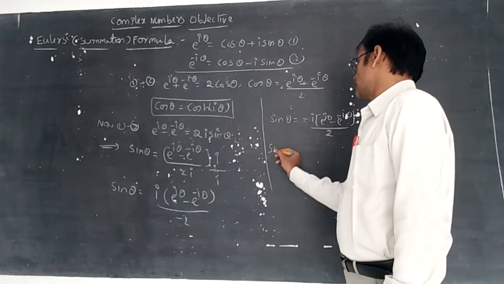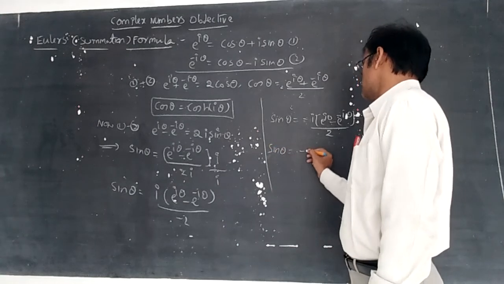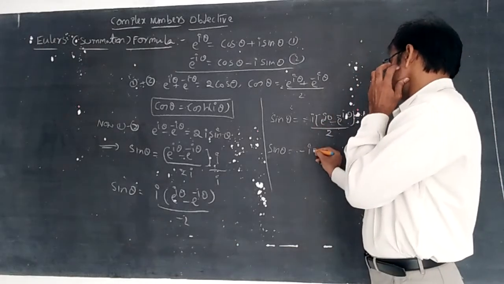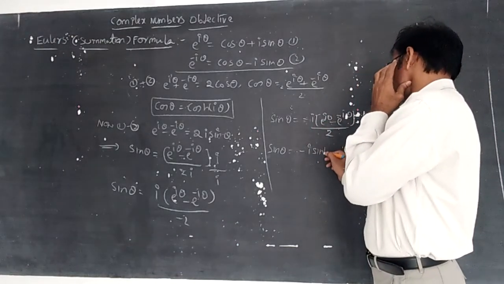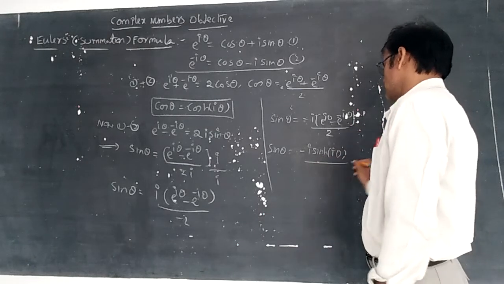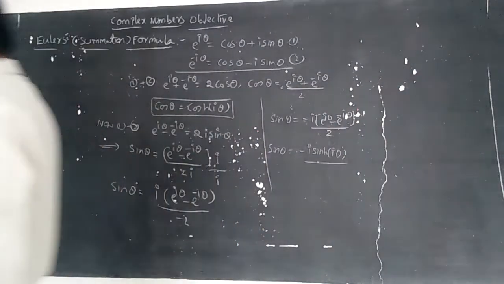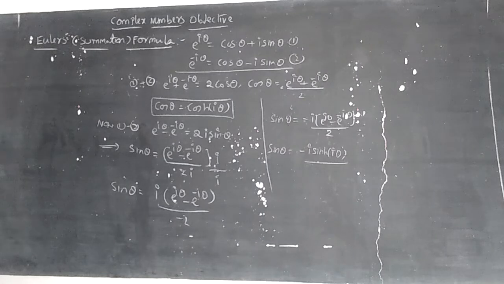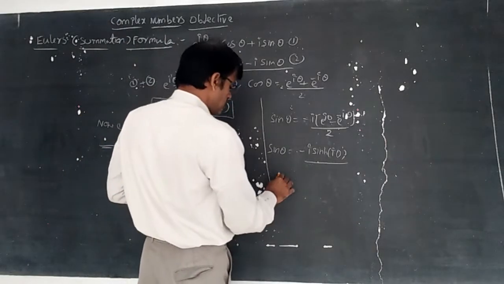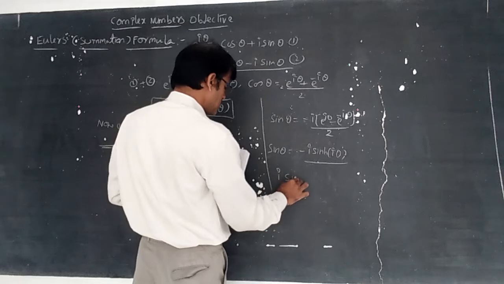Now, you can understand here sin theta is equal to minus i sin h of i theta. And this is the formula.